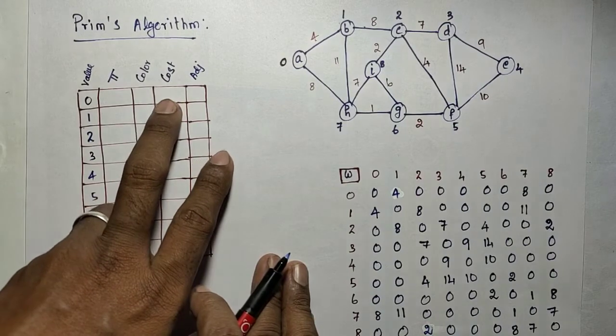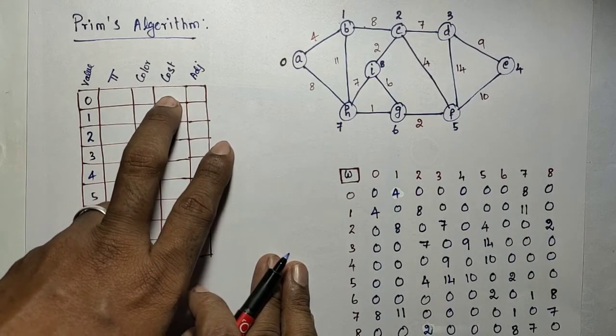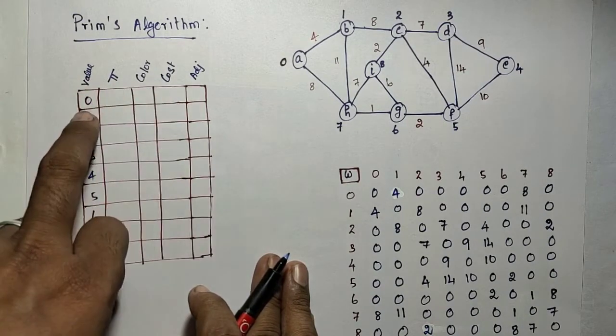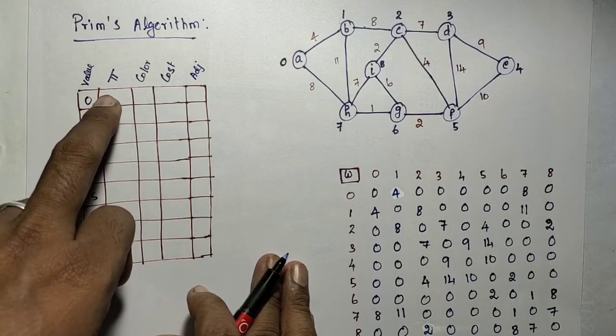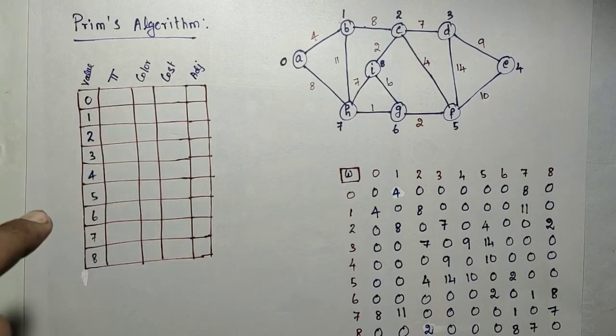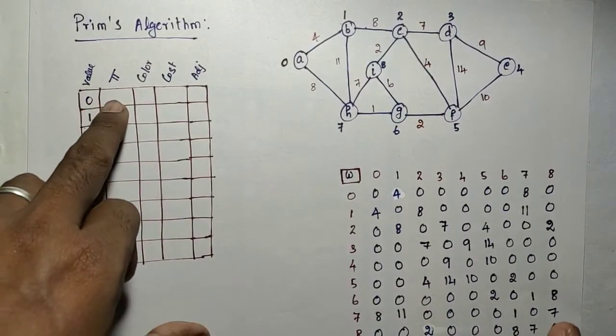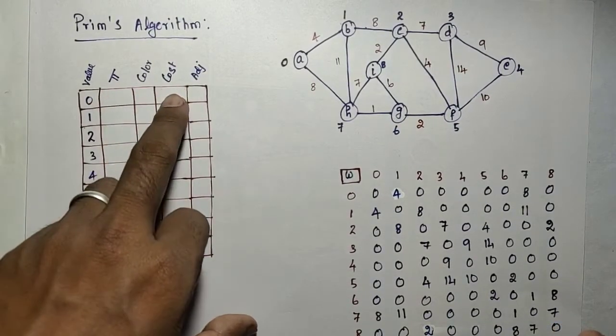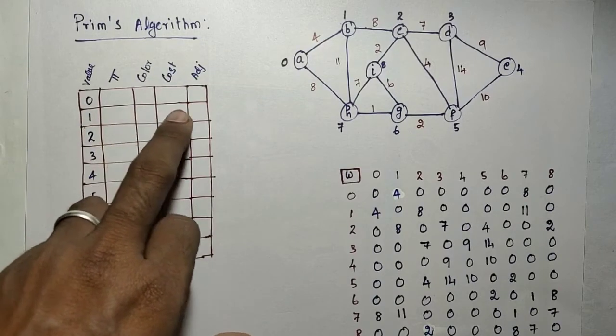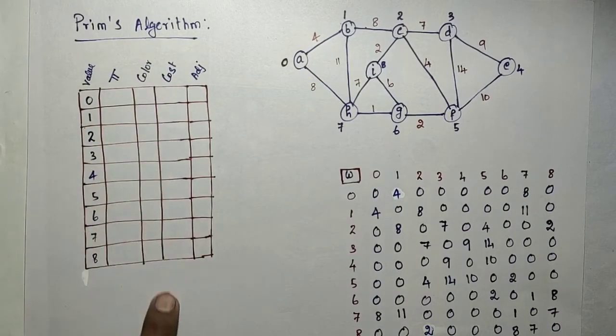And then cost means the edge cost. So for 0, to that parent, what is the edge cost? For 1, to that parent, what is the cost? Like that we are going to fill that cost.